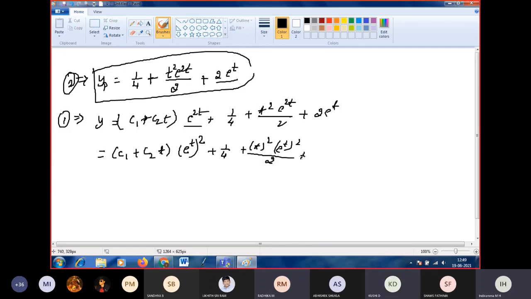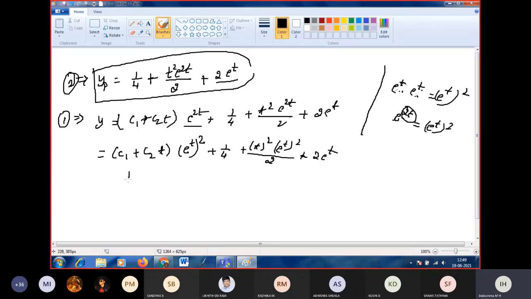Bases are same, add the powers. What will you get? t plus t, 2t. So e power 2t is nothing but e power t whole square. You write this on one side of your page. Next, 2 into e power t.